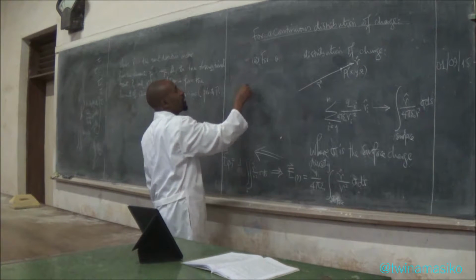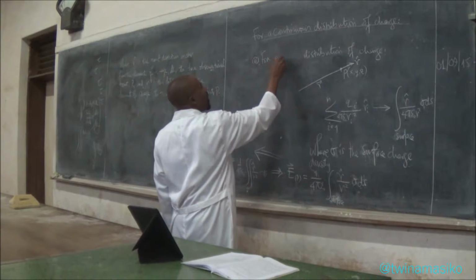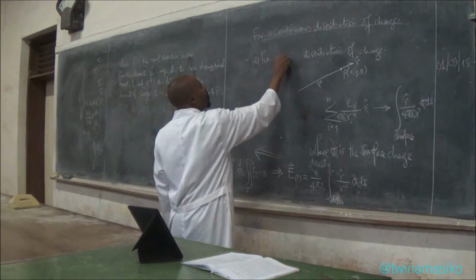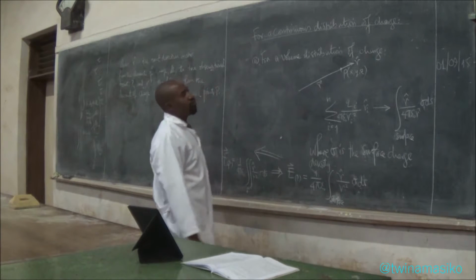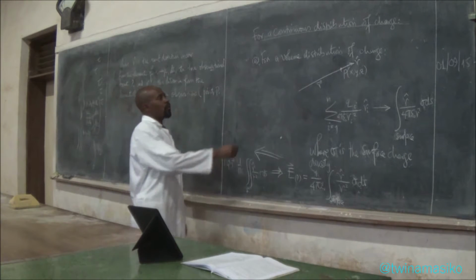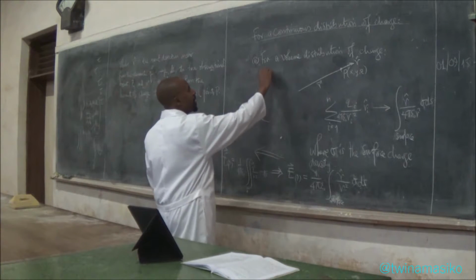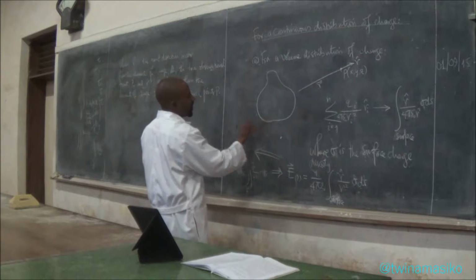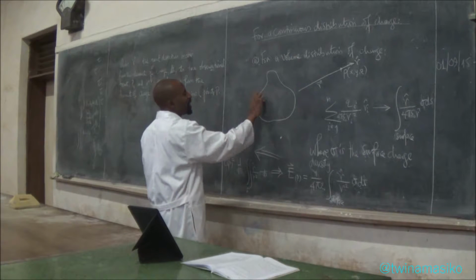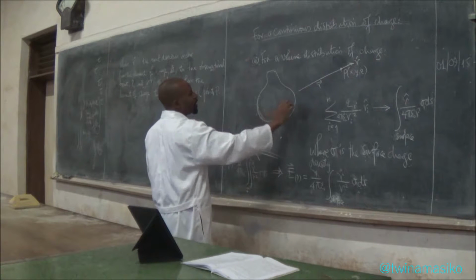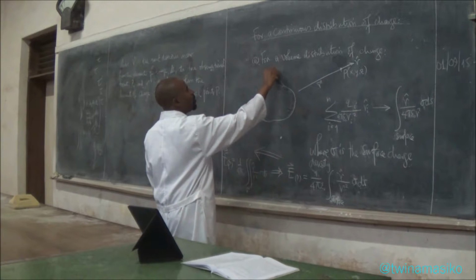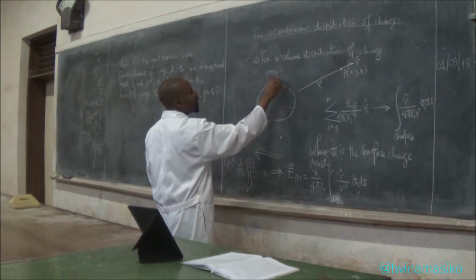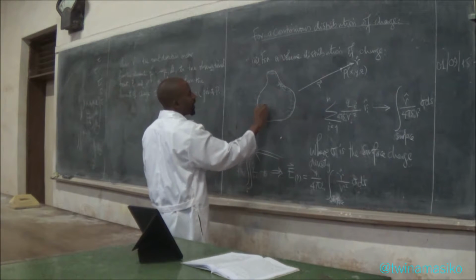So now 3 is for a volume distribution of charge. I will draw it a bit nicely. I could have shaded it; in some books you will find it is shaded, especially like that of Rowland and Cosson.